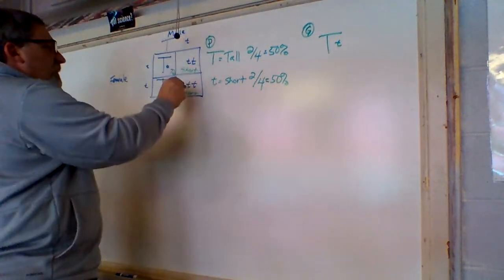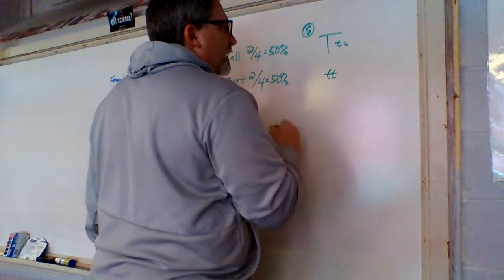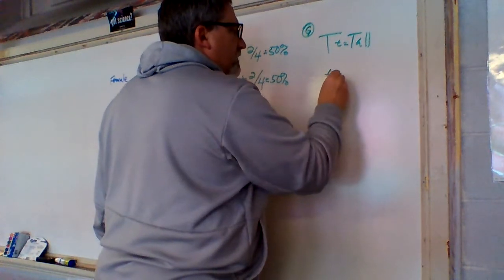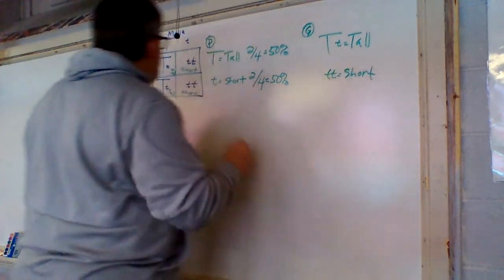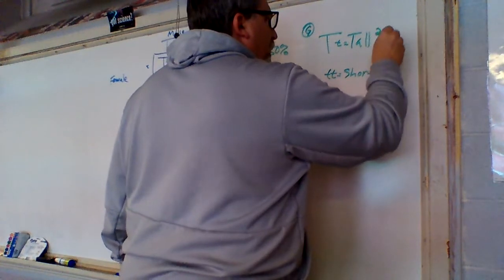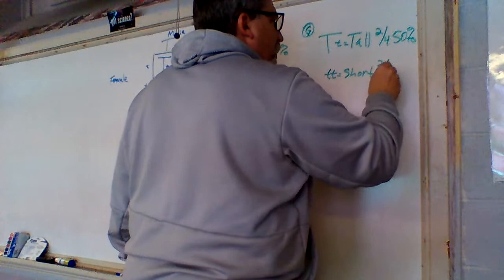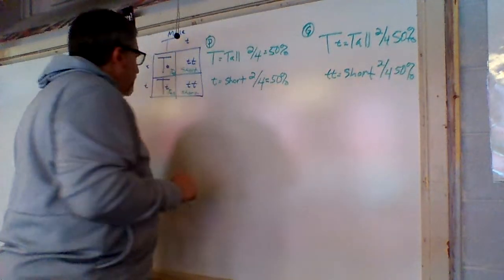All right. I also see little t, little t. This big T, little t will give you something that is tall. Little t, little t will give you something that is short. How many talls are there? All right, once again, it's the same thing. There are 2 over 4, which is 50%. 2 over 4, which is 50%. There we go.